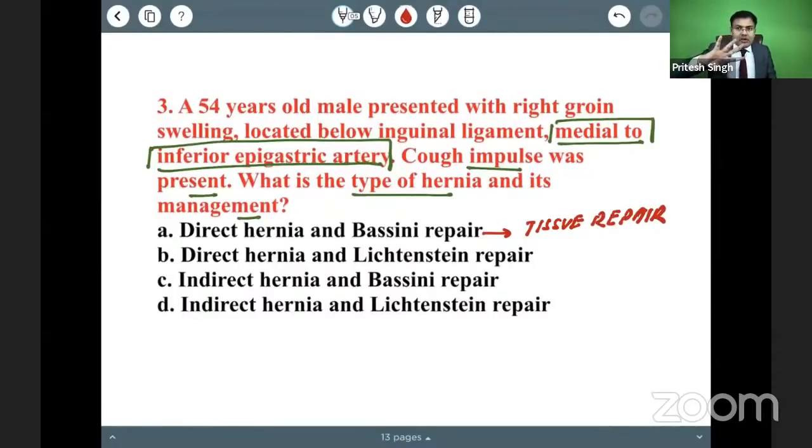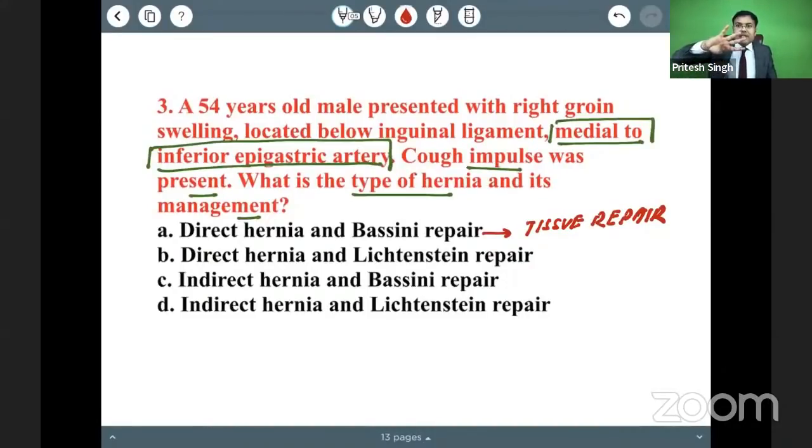Which tissues? Dr. Rajesh Kaushal explained beautifully that these are the layers in the abdominal wall. What can you see here? This is external oblique outside, then internal oblique, then transversus abdominis, then fascia transversalis. What we do in Bassini's repair, it is known as triple layer repair. So we take all these three layers together in the suture, and we suture these three layers together to the inguinal ligament.